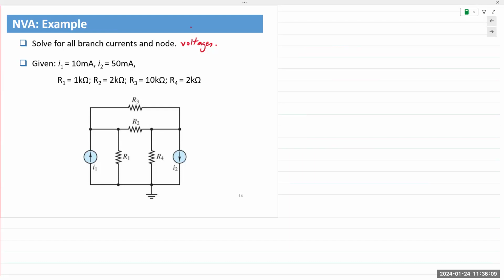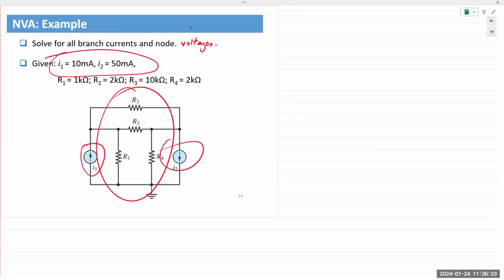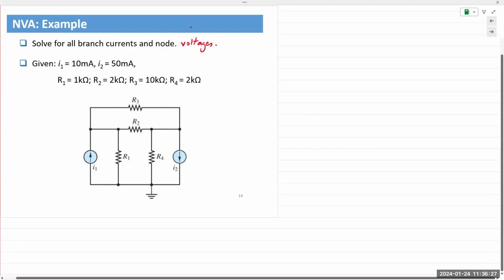It simply gives you an answer based on the assumptions that we make at the beginning of the problem. All right, so what is given to us? In this circuit, we have 4 resistors and we have 2 current sources. Values for both current sources are given to us, 10 milliamps and 50 milliamps, and resistor values are all given to us too. What is the first thing we notice?